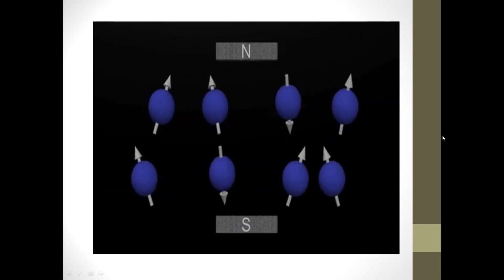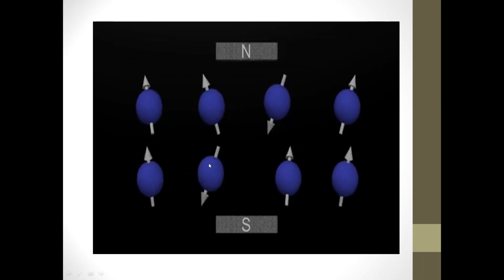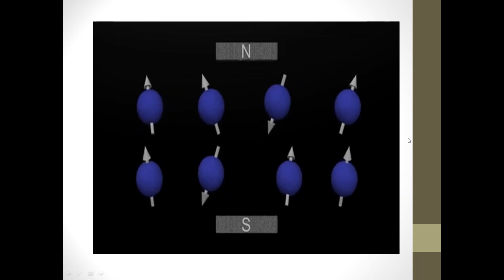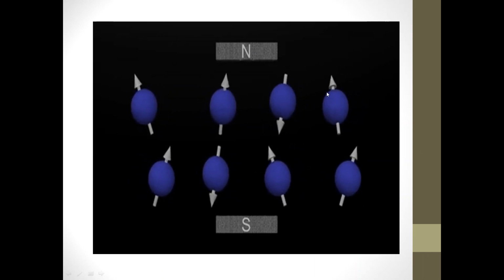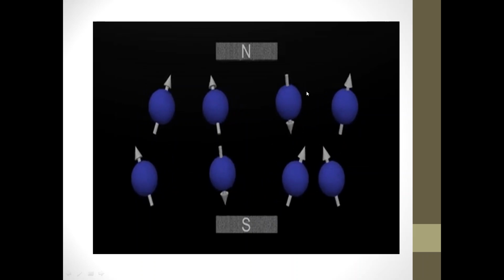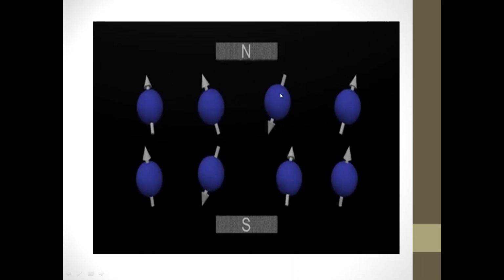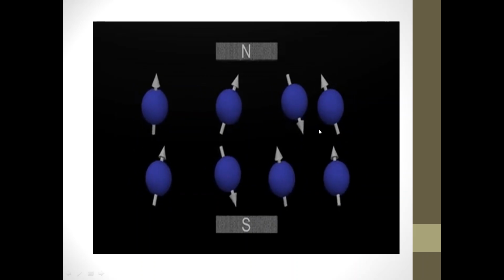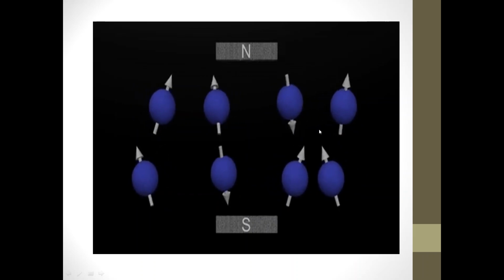You have to move these protons in another direction, not in the Z direction but in the XY direction, as I said last time. This is why we use a radio frequency pulse with the same frequency as the protons to excite them, converting them from the Z direction to the XY direction.